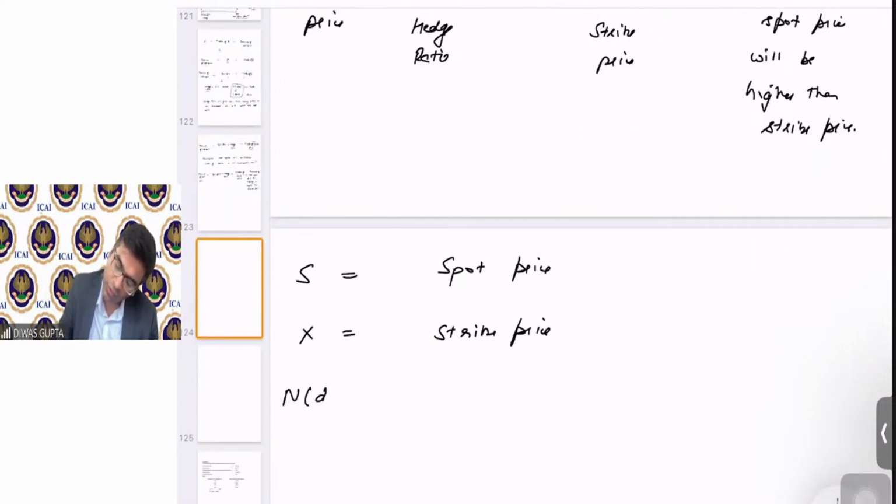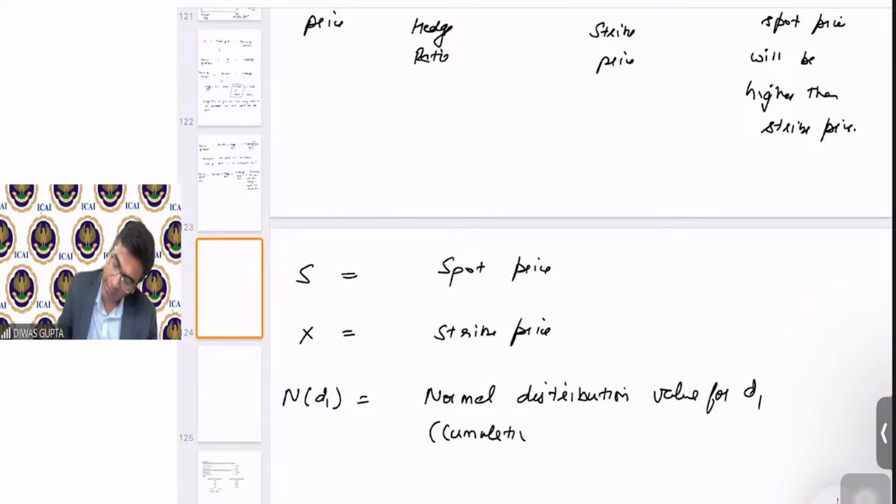And N(d1) is equal to the normal distribution value for d1. And this is a cumulative normal distribution, okay?